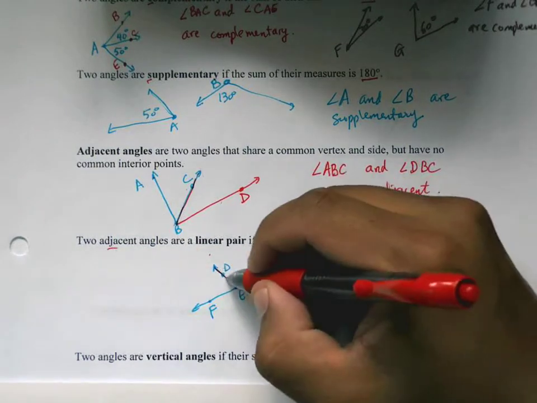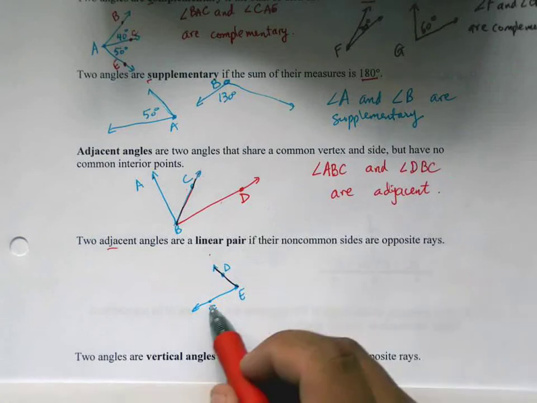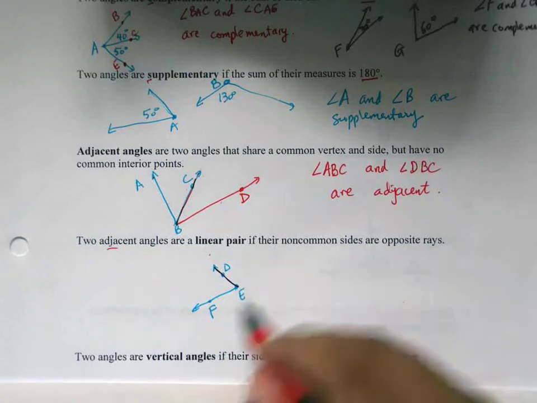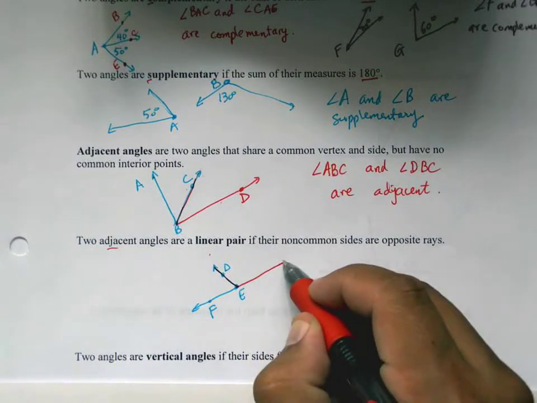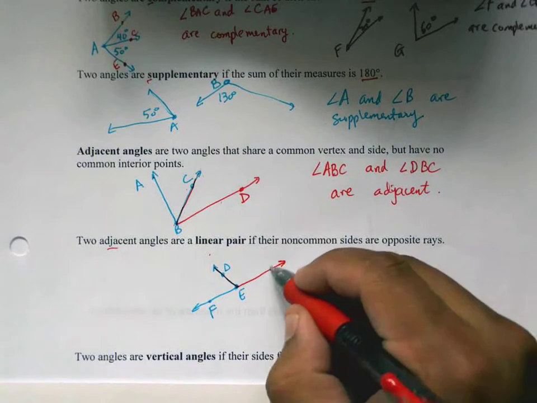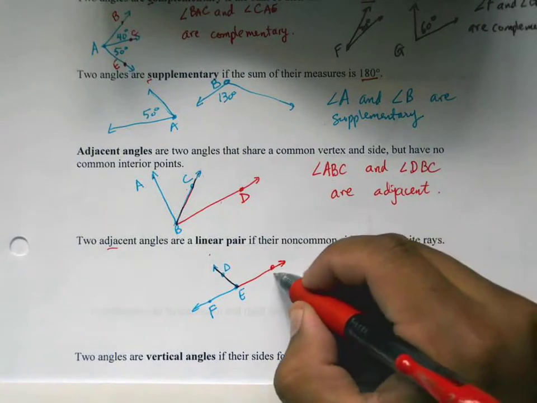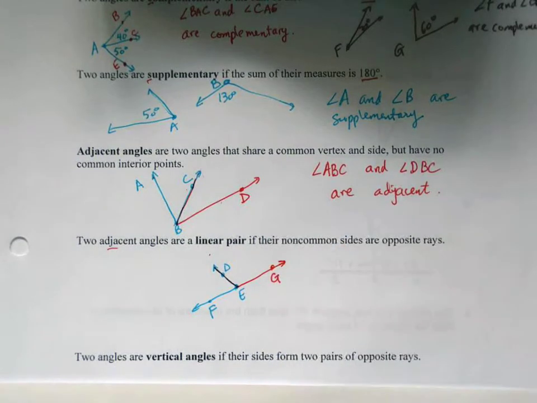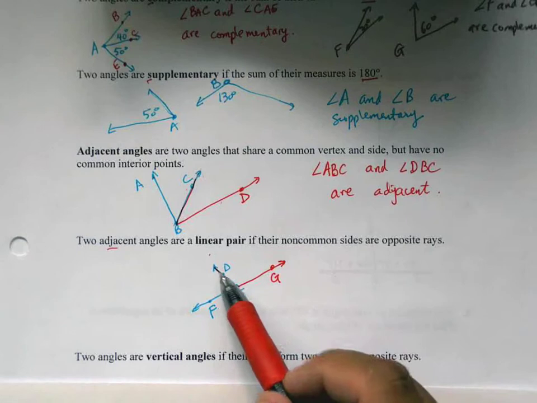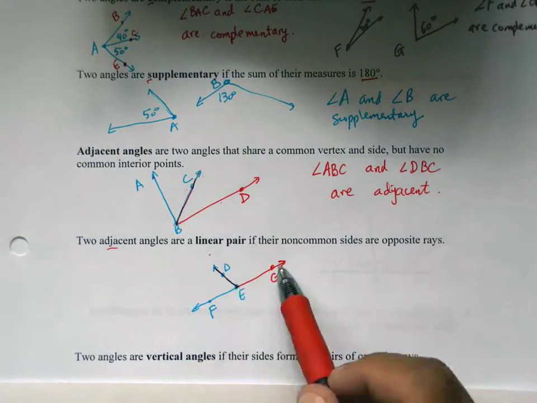But their non-common sides are opposite rays, so they go in opposite directions like this. So angles GEF, DEF and DEG form a linear pair.